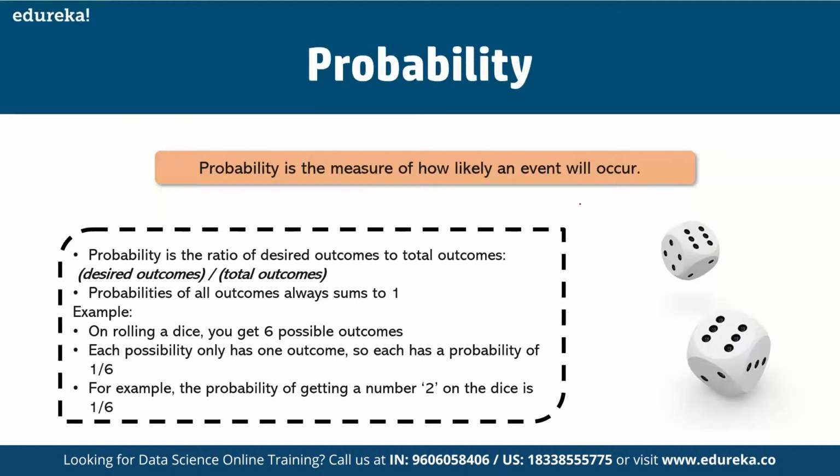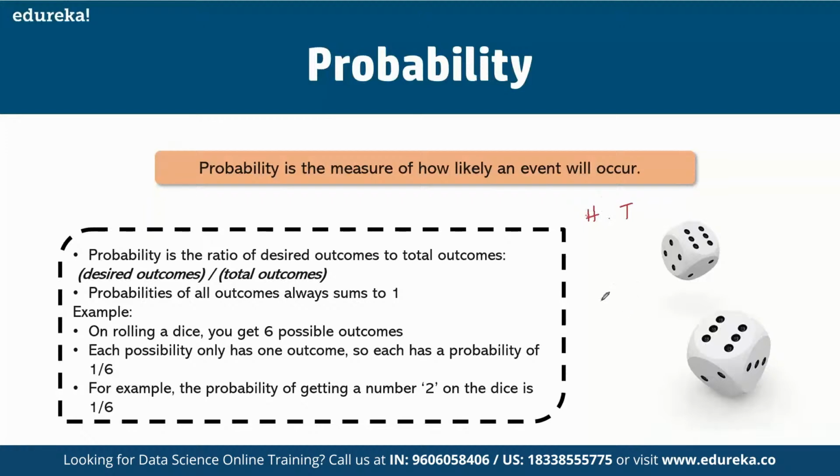Suppose I'm asking you to find the probability that if I toss a coin, we are going to get a head, right? So what are the total outcomes that are possible? We have two options. One is the head option and the other one is the tail option.